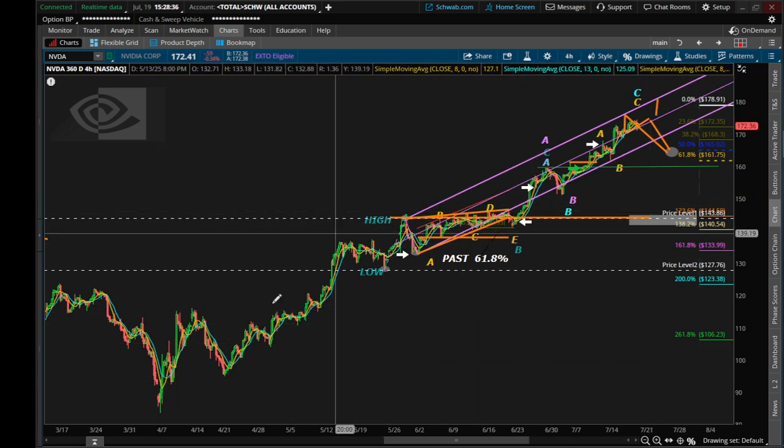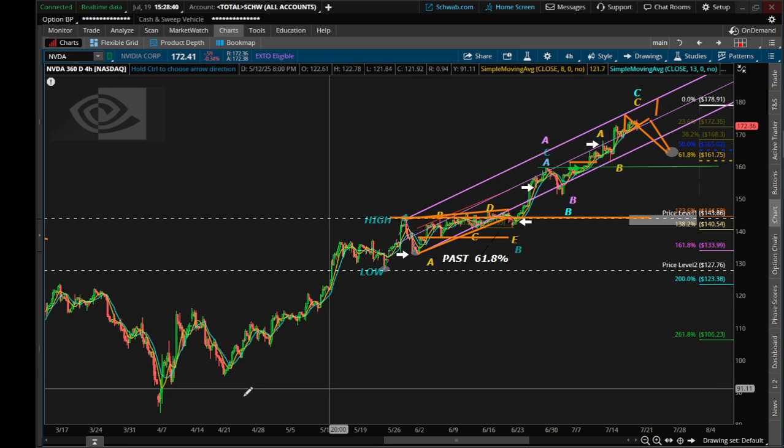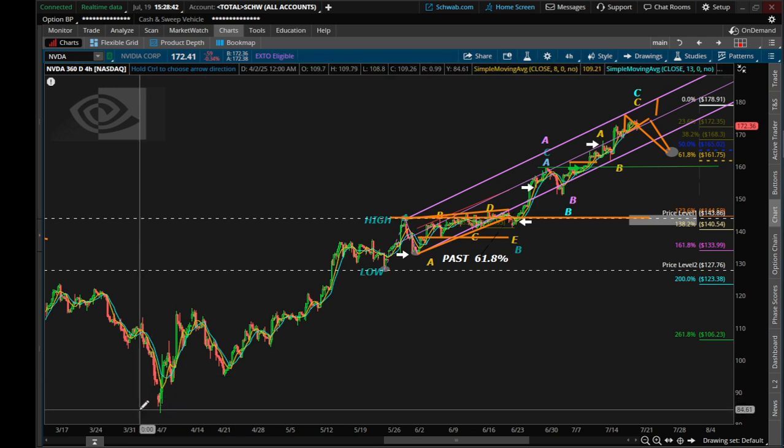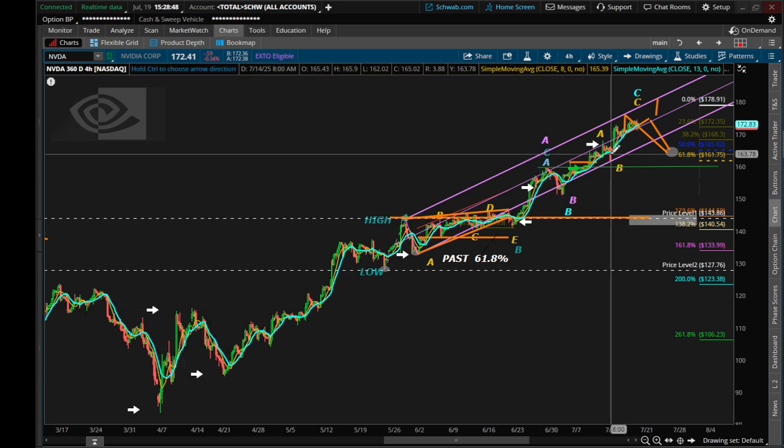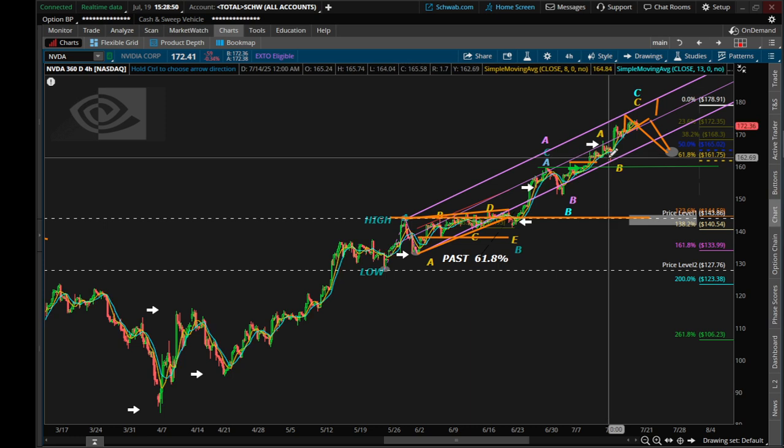We always try to establish 3 waves in our counts. I'm going to show 3 swings here. This is the start of this entire move.